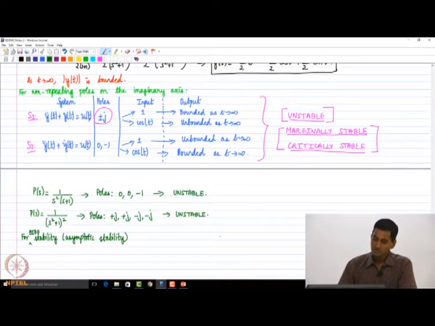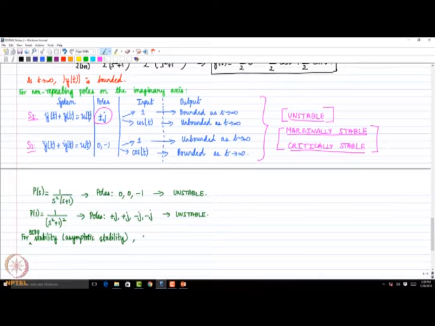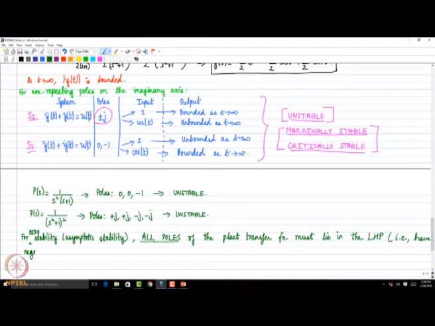means. So, for BIBO stability, all poles of the plant transfer function must lie in the LHP, or in other words, have negative real parts, okay.